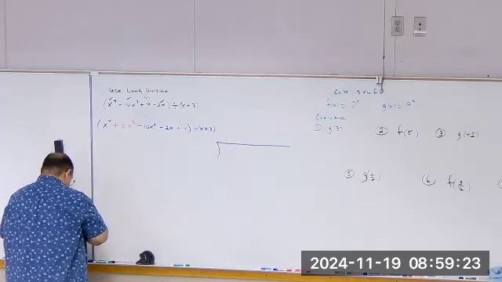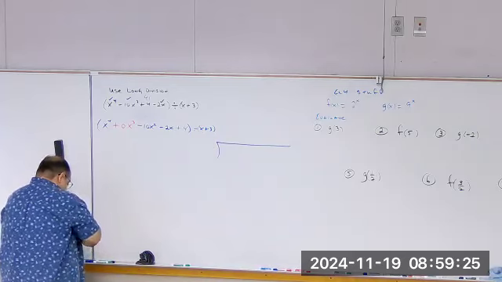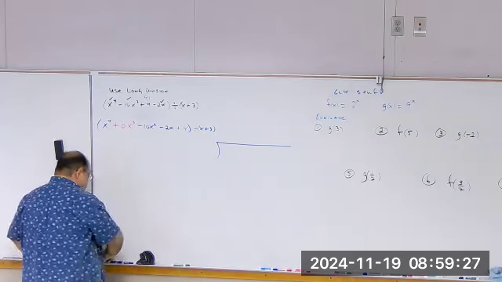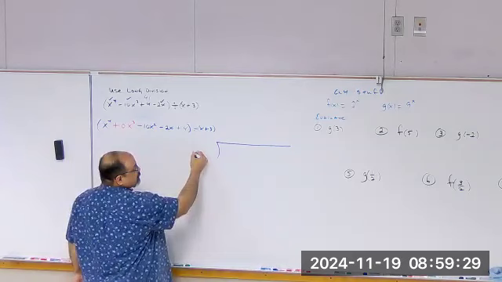So the divisor, x plus 3, goes here on the outside.